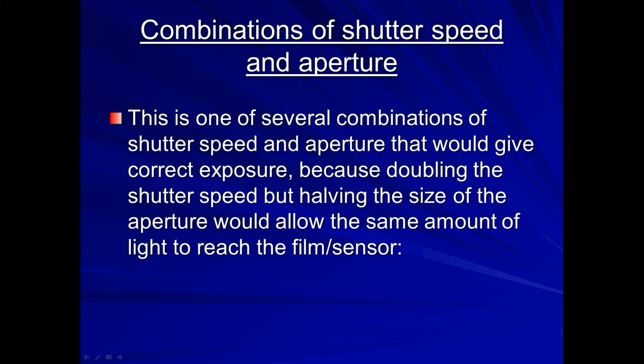But here's the thing, though. That's only one combination that would work. There may be several as well. The reason for that is that if you double the shutter speed, but you halve the size of the aperture, it actually lets exactly the same amount of light reach the film or the sensor. You make the shutter let light in for twice as long, but you make the aperture half the size, and it lets the same amount of light in.